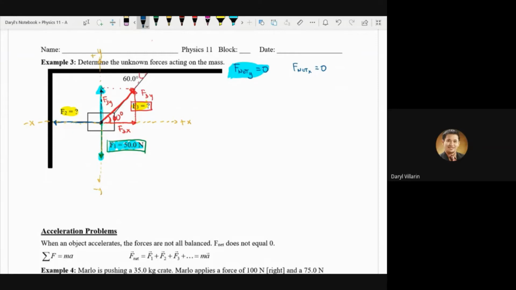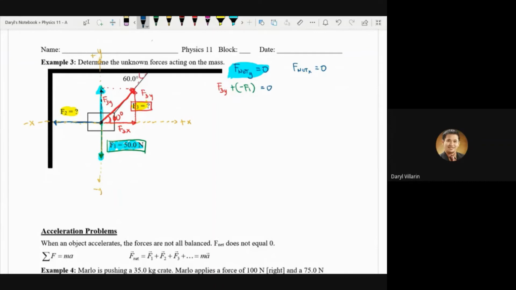If I expand that here, there are only two forces acting in F net y. That would be F3y plus negative F1, and that would give me equal to 0.